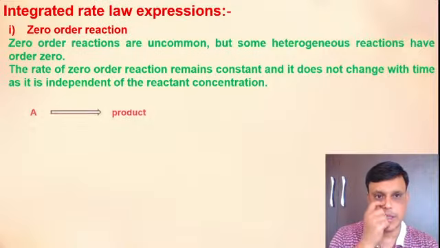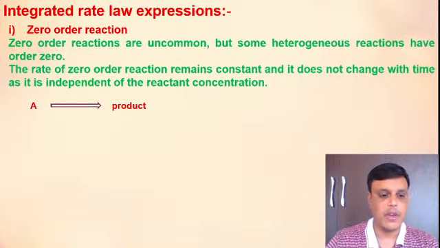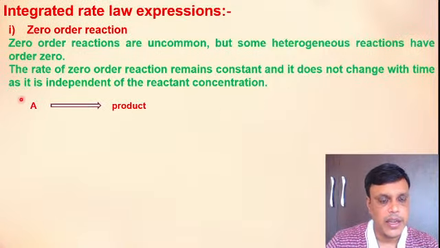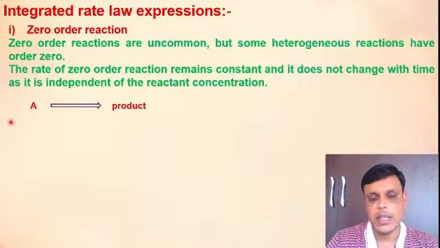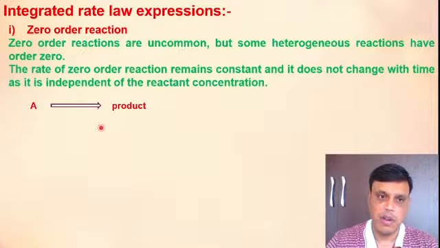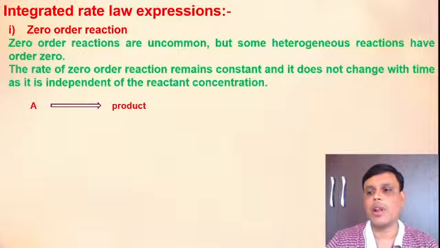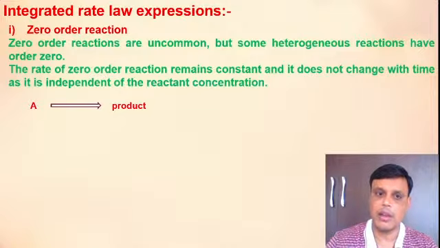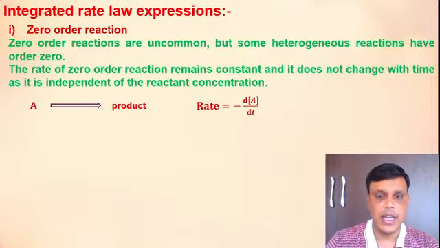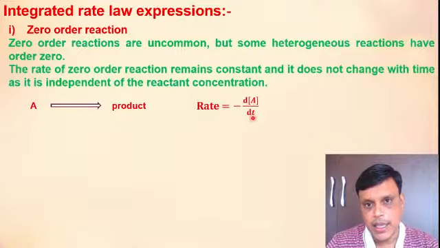So first of all we will take a reaction. For example, say this reactant A goes to the product. Very simple generalized equation, and for these reactions you know how to write down the rate equation. See here, the rate is equal to minus d concentration of reactant A by dt.